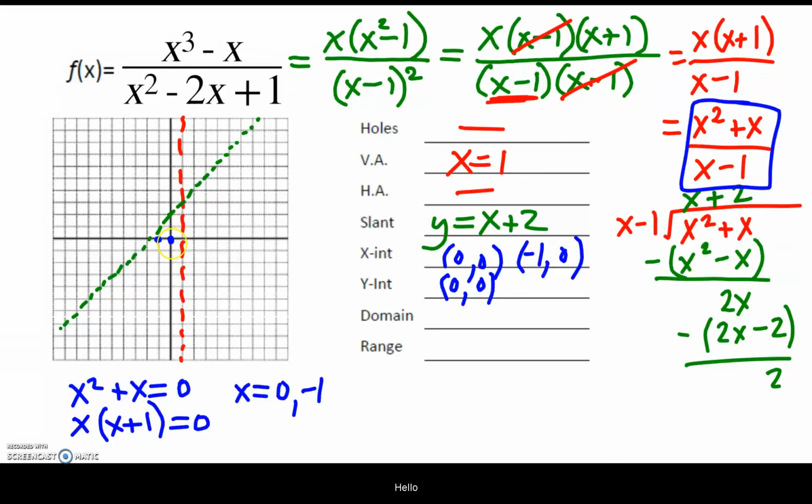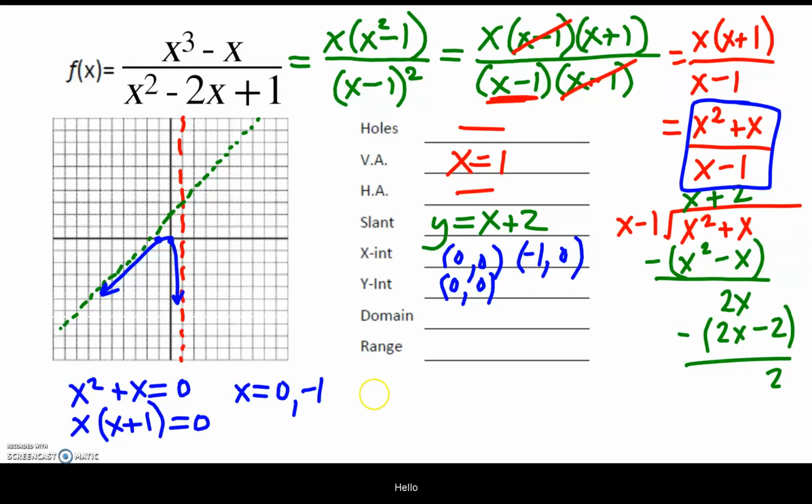Well, I can already tell what's happening over in this little portion because I know that the graph crosses the x-axis at these two locations, and I know that it's going to approach that vertical asymptote on the right and the slant one over on the left. So that part looks like that. We need to figure out what is also going on to the right of x equals 1. So I'm just going to plug in maybe x equals 2.